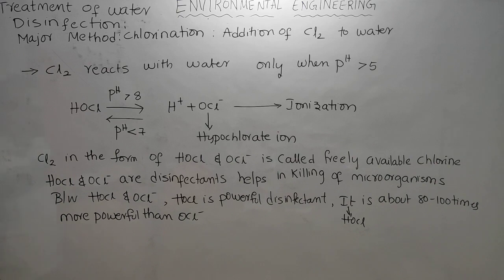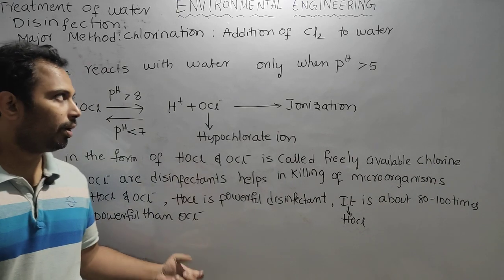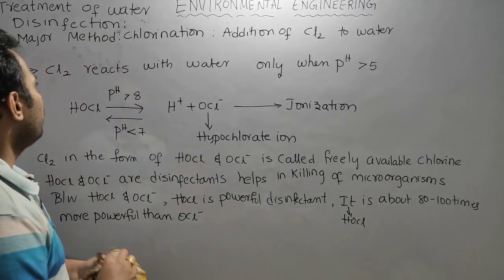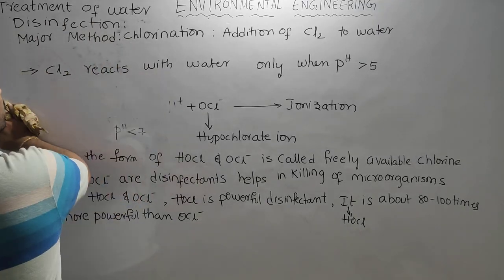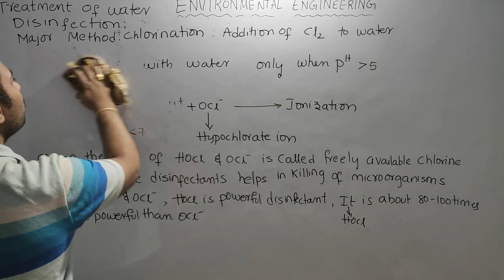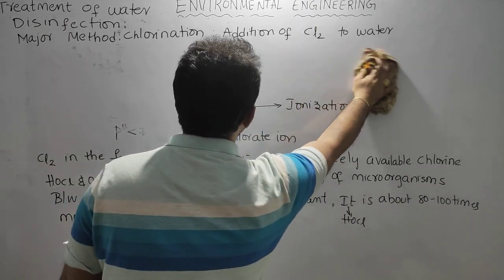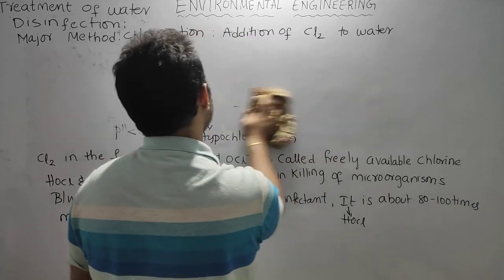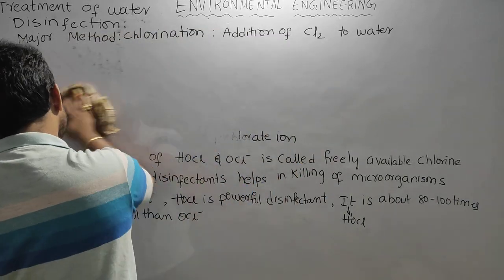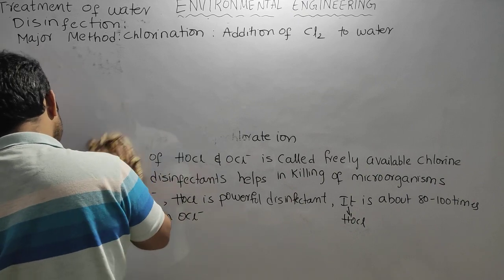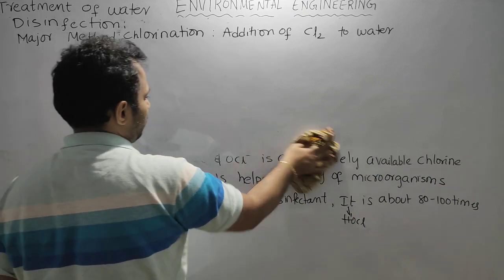See here, why is OCl minus less effective than HOCl? Because generally the microorganisms are very fine material. So a microorganism is also a material which is very small and fine. That is why microorganisms also carry some charge.